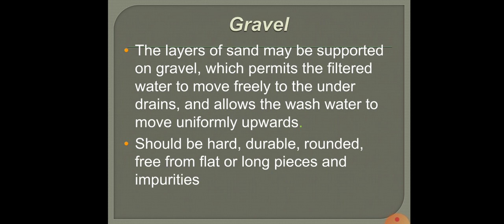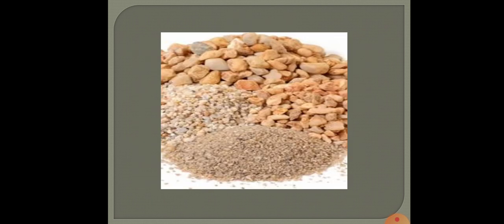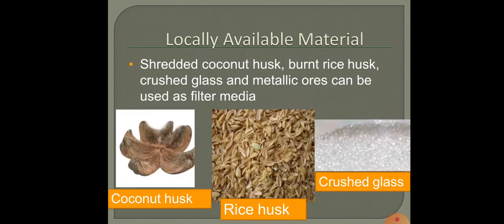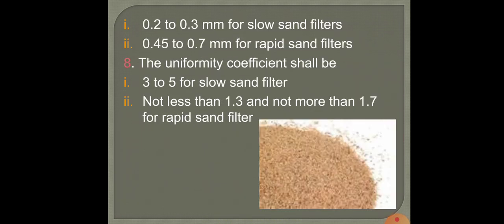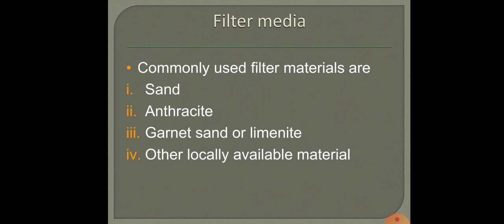And when we use gravel, we should see to it that it is hard, durable, and also free from pieces which are elongated or flat, and it should not contain any other impurities. So these are the different types of filter media that are commonly used in the filtration process.